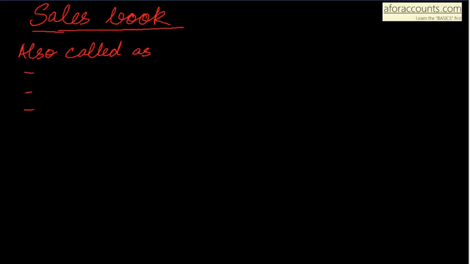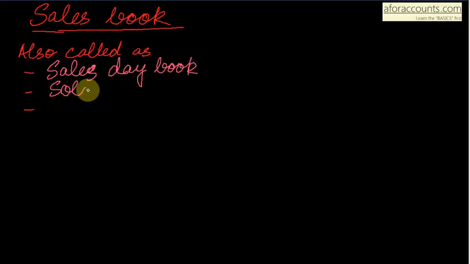Now, sales book. What is the other name of sales book? You record all your credit sales in your sales book. Sales book is also called sales day book, also called sold book or sales journal.